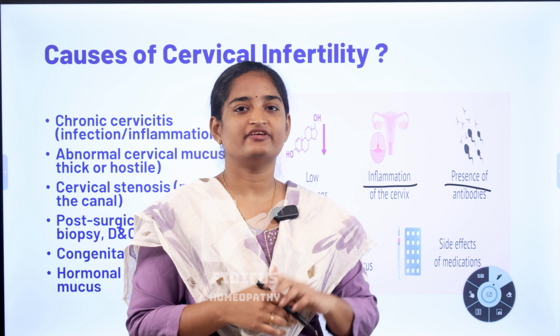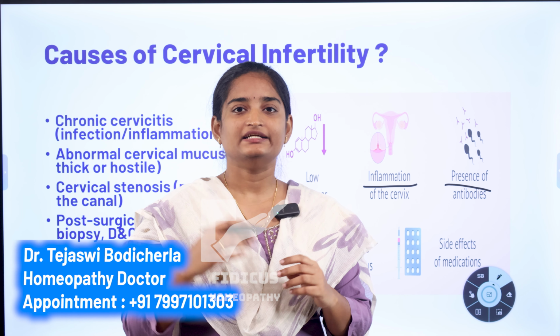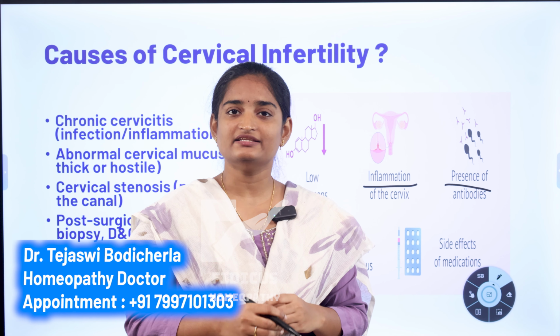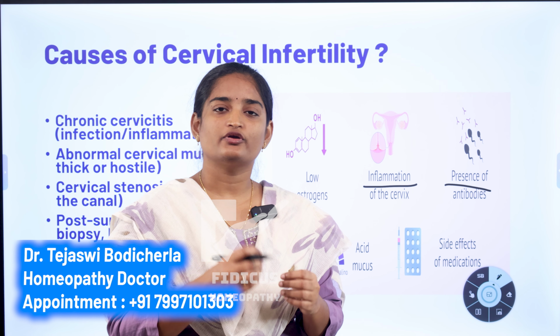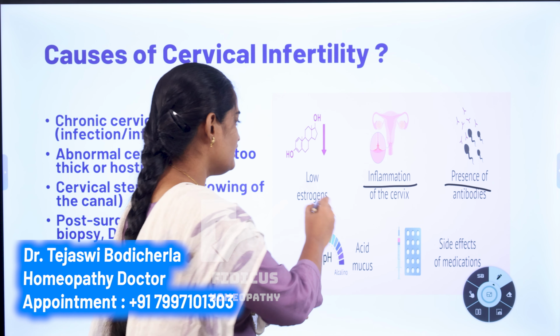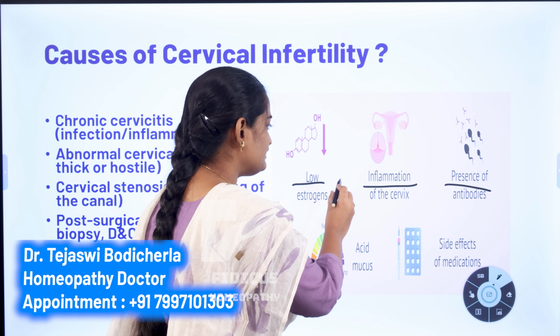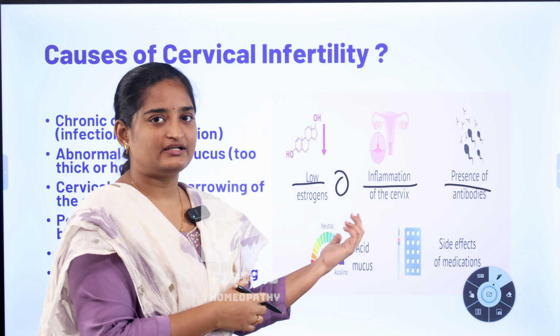Usually to maintain normal cervical mucus, estrogen is essential. When there is hormonal imbalance, estrogen levels may decrease. It can result in improper production of cervical mucus, which we call poor cervical mucus. Due to low estrogen levels, the cervical mucus becomes thick and it can block the entry of the sperms. So infertility may result.